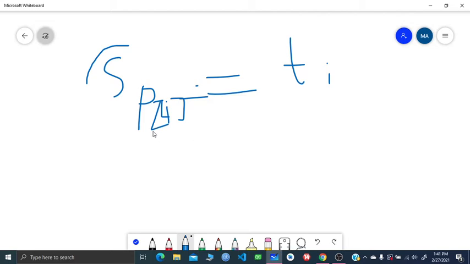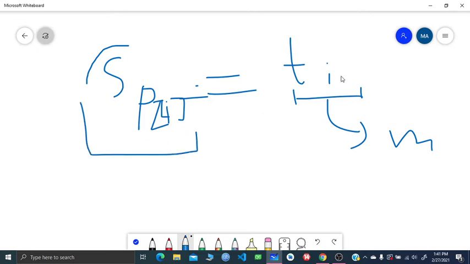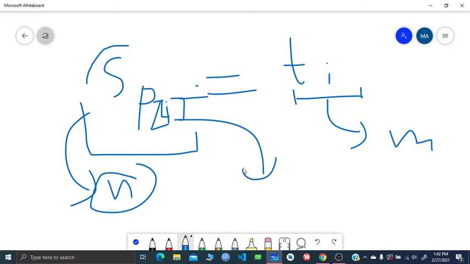Also one thing to notice is that the t string consists of m elements and the s string consists of n elements, and the s string's index is denoted by p of i.